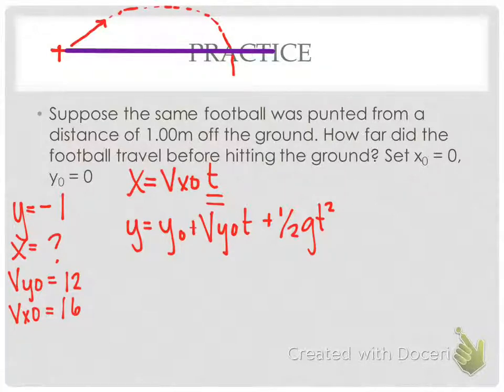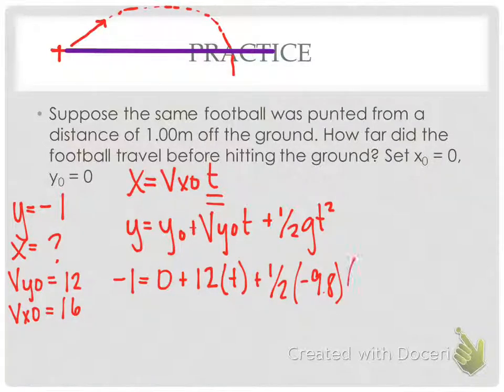We have all of those components. Y we know is -1. Y sub o is 0. V sub yo is 12 times t plus 1/2 times negative 9.8 t squared. So what are we going to have to do here to solve for time?